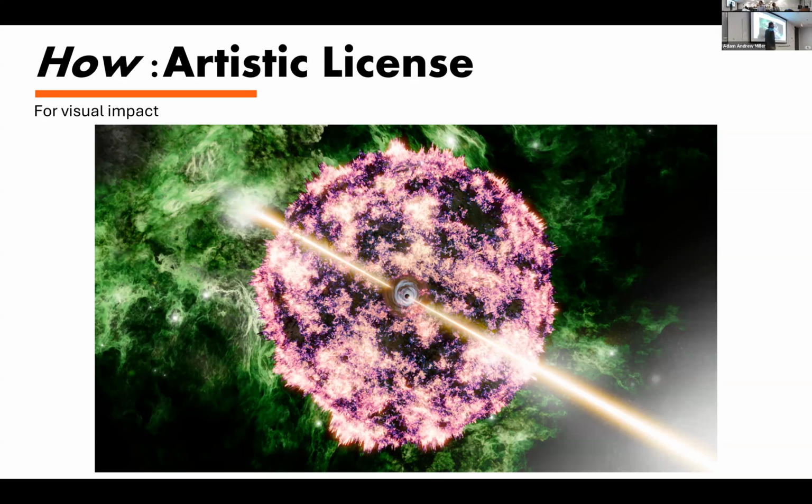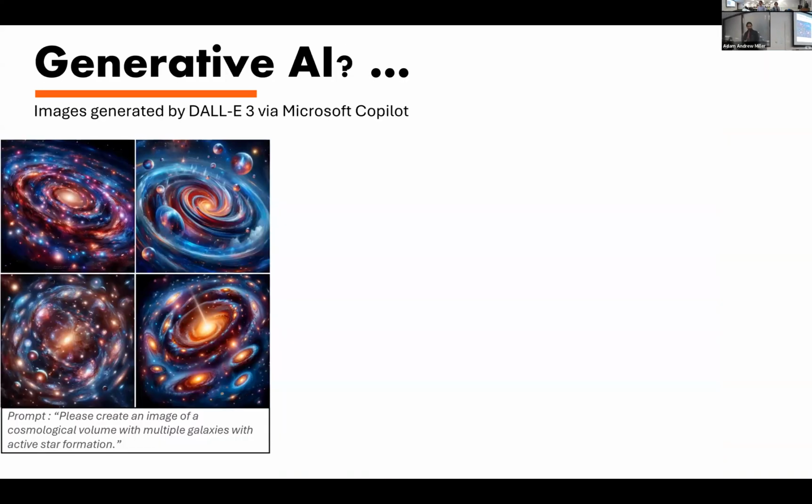The concept came from the observations, but they didn't actually have a picture of this. And there's nothing that said this should be green and this should be purple specifically. But I thought it looked nice and it had a good visual impact. Sometimes these types of choices you want to make so that you can have that impact on your audience. There's another example of artistic license.